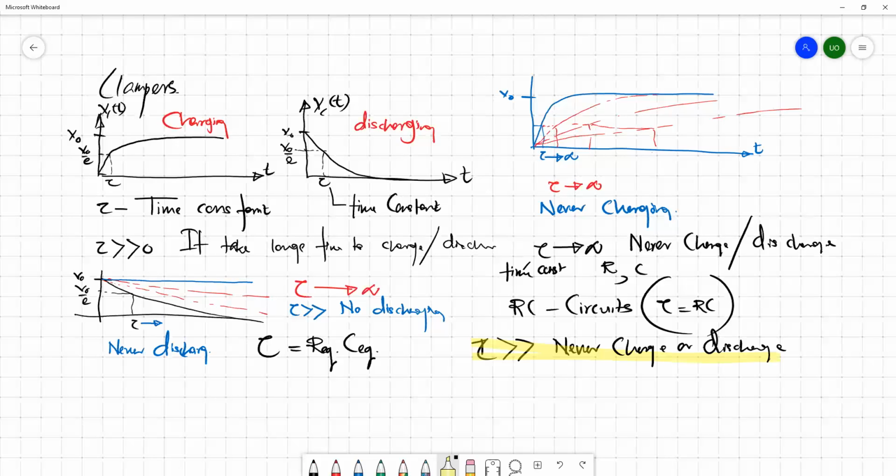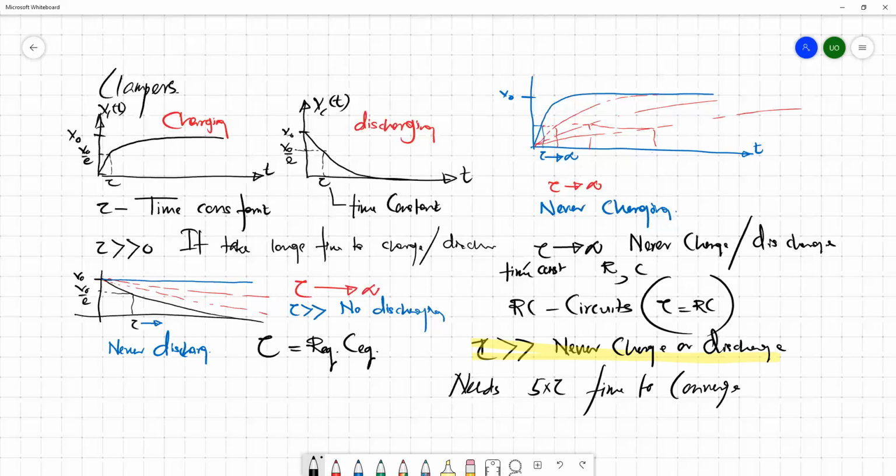On the other hand, most studies found that the capacitor needs 5 times tau to converge. What I mean is, in a charging process, initially the voltage across the capacitor is 0 and then gradually increases to its maximum, in this case V naught.